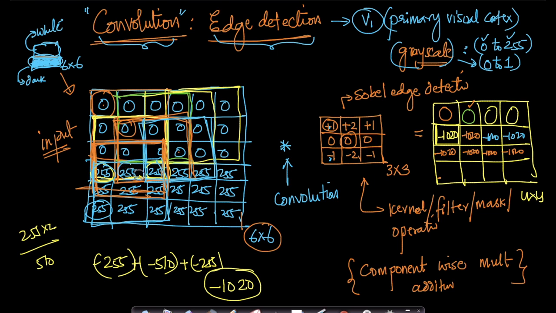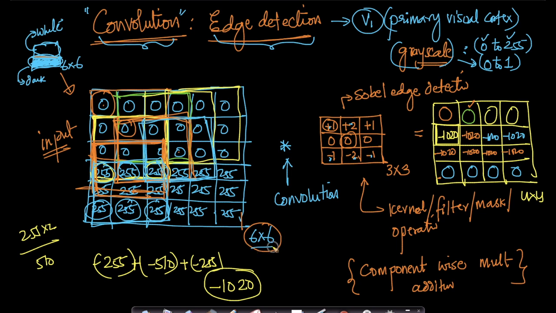I multiply this 255 with plus 2, and this 255 with minus 2, and when I add them up, they'll cancel out. I take this 255, multiply with plus 1, and this 255, multiply with minus 1. When I add them up, they'll cancel out. These middle 255s are all multiplied by 0. So this value will become 0. Similarly, all these values also will become 0.